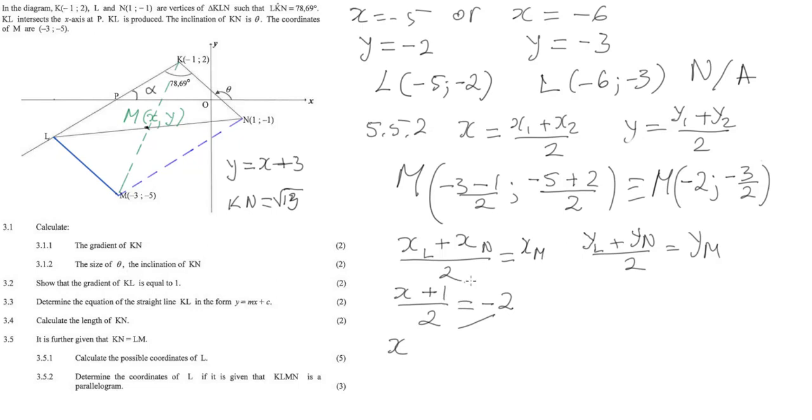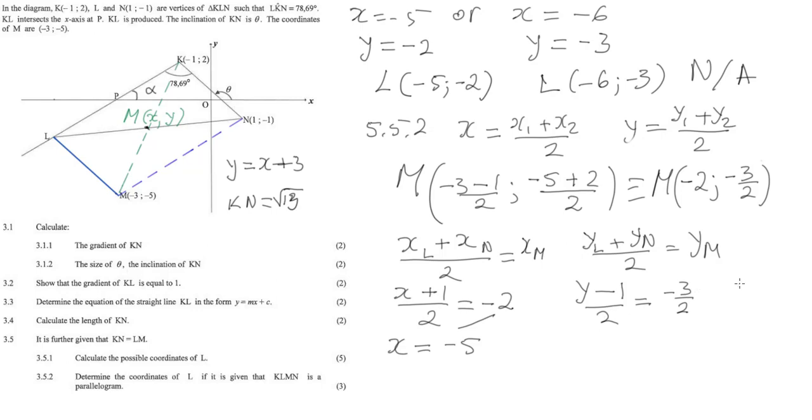If we transpose 1, the answer here will be minus 5. Now y of L, y of N is minus 1 divided by 2, equal to minus 3 over 2.